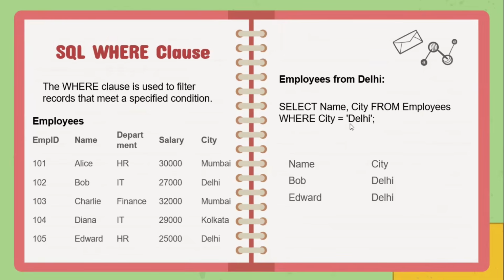Then we can simply write select name, city from employees where city equals to Delhi within inverted commas because this is a string. So we will get the data containing only the columns name and city because we are retrieving only these two columns. And you can see that this data will show up because we are filtering the data using the where clause.